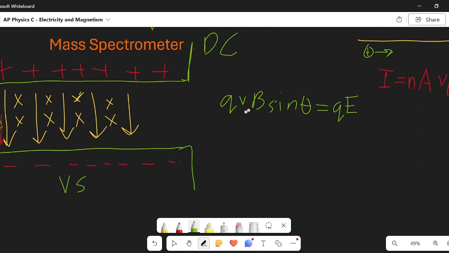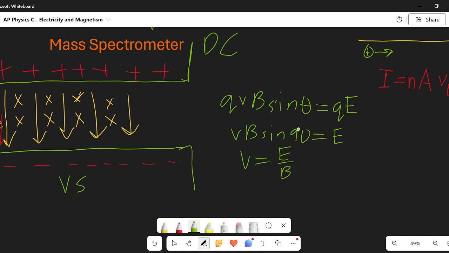If we cancel q from both sides, we get vB sine theta, and in this case the angle between the velocity and the magnetic field is 90 degrees, so sine 90 equals 1, equal to E. So the velocity will be equal to the electric field divided by the magnetic field.